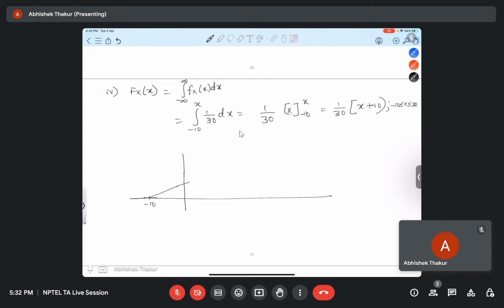It will increase up to the value of 1 and then become constant. So this value is 1 by 3 and this value is 1, and here it is 20. Okay, and this is x. So this is the probability distribution function.